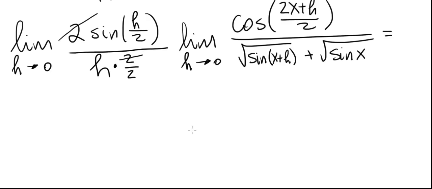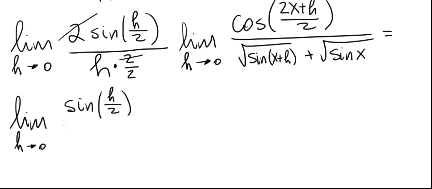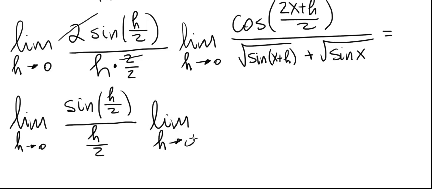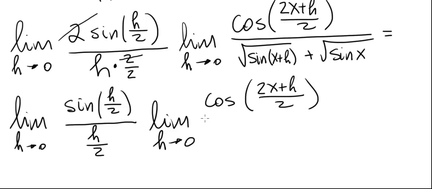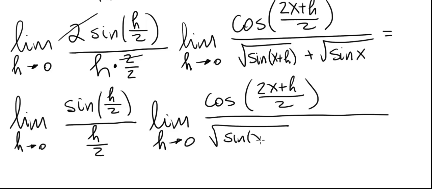We get the limit as h approaches 0 of sine of h over 2 divided by h over 2, times the limit as h approaches 0 of cosine of (2x plus h) over 2 divided by the square root of sine x plus h plus the square root of sine x.